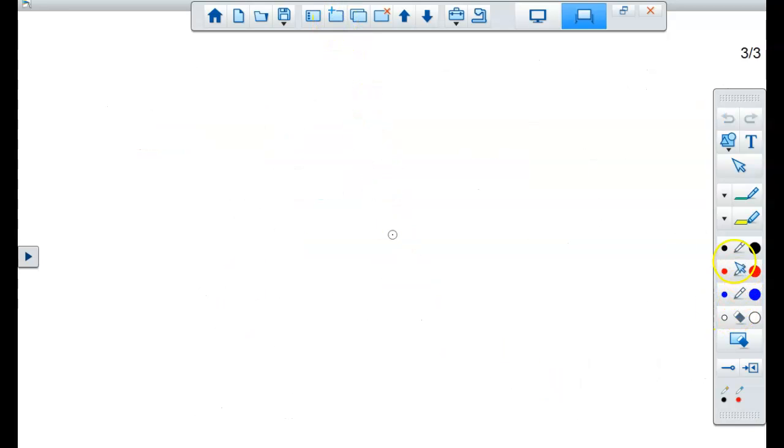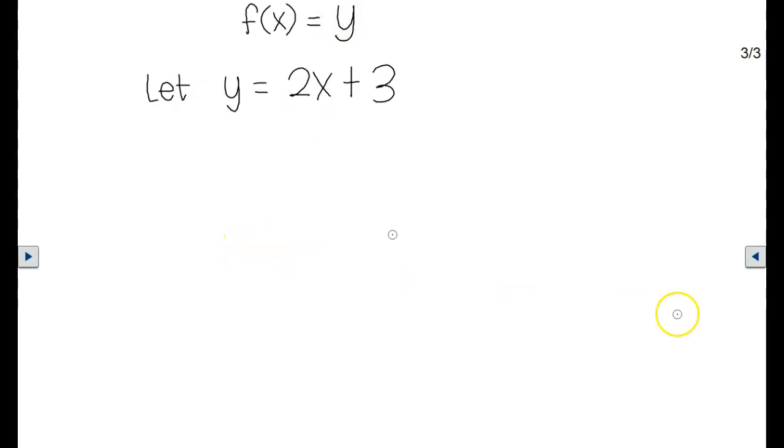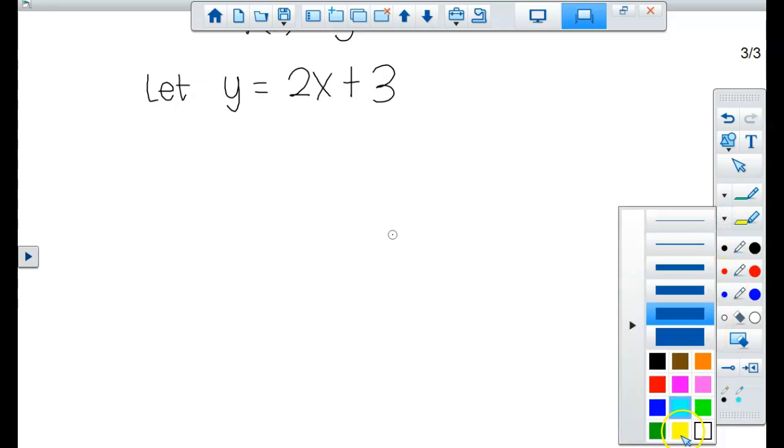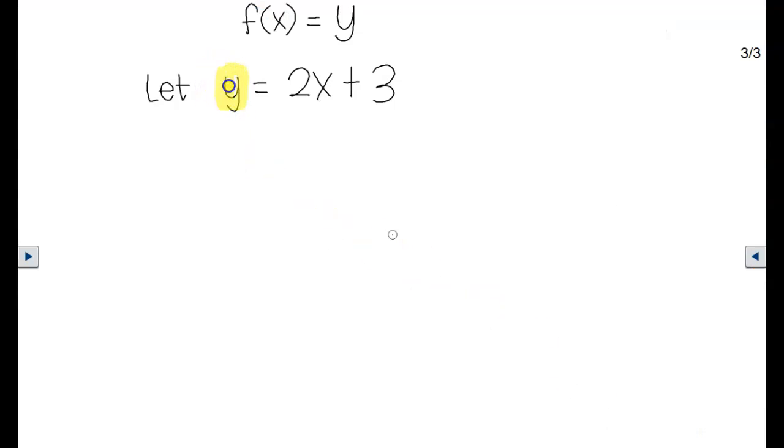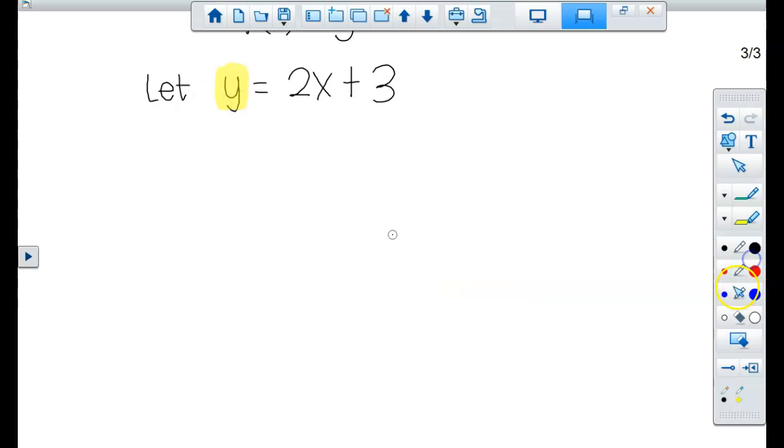Let me show you how this affects what we're doing. Okay, let's let y equals 2x plus 3. There's my function equation. Since I now know that f of x is the same thing as y, that means that I should be able to go right here where this y is, and I should be able to replace that y with f of x.